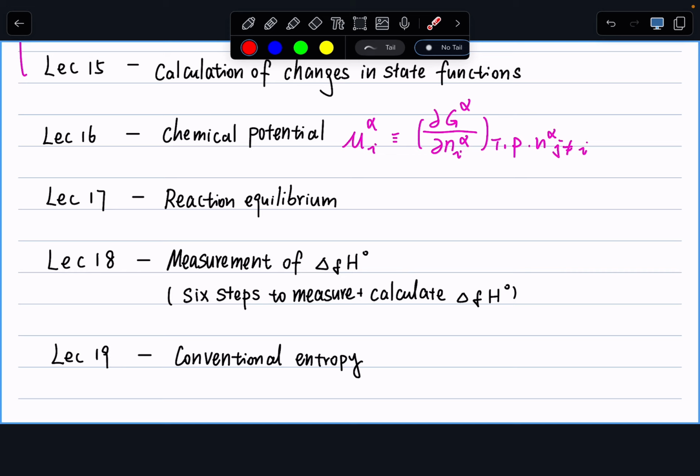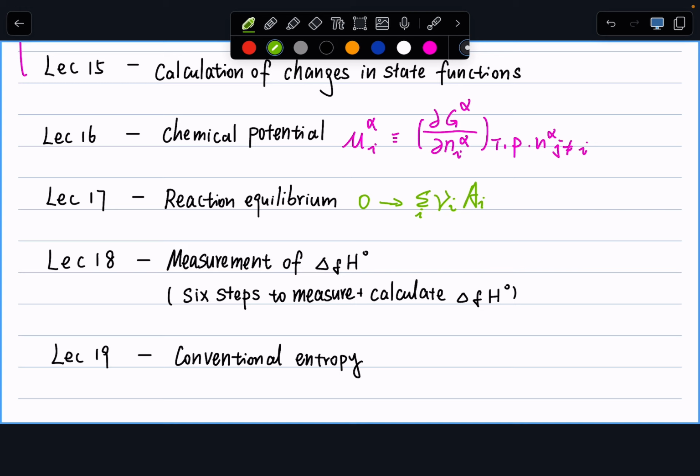And later on, we discussed reaction equilibrium. This one is more straightforward, right? We have a general reaction. It's the summation of the stoichiometric coefficient times A_i. Now in this summation, what does that mean?